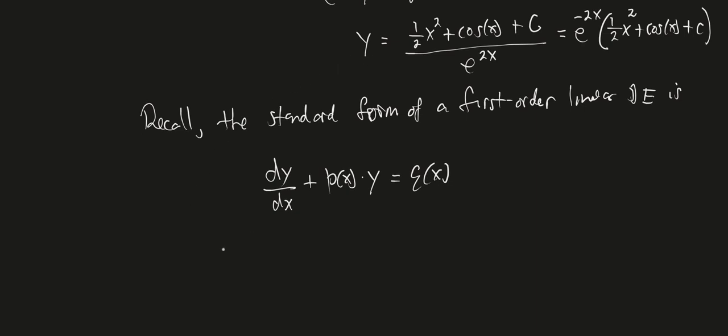So the key to getting the differential equation in that form is a function that we call the integrating factor of the differential equation. So define this special function. This is a formula, and it's a very important formula. Define the function mu as e to the integral of p of x dx.